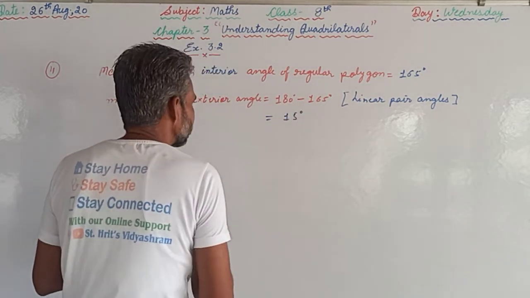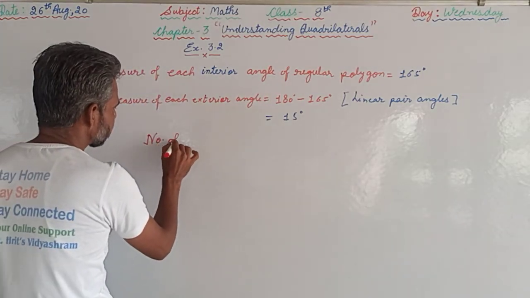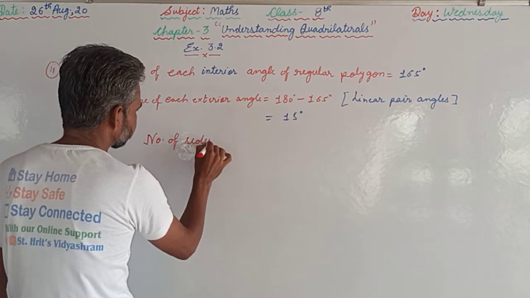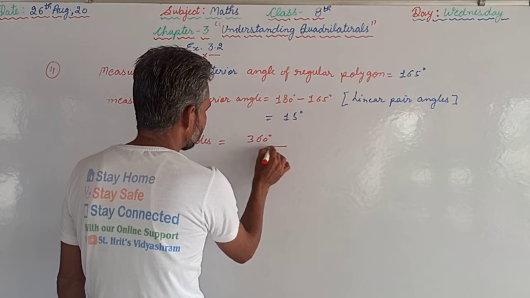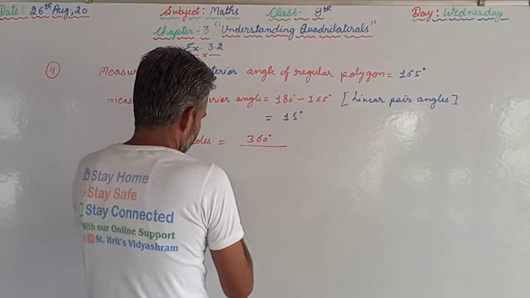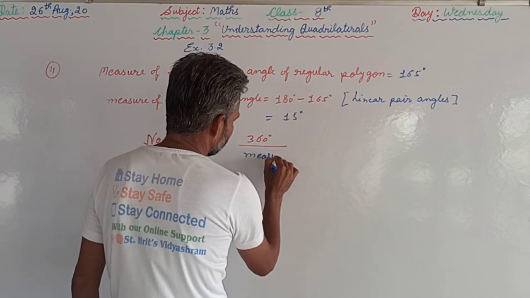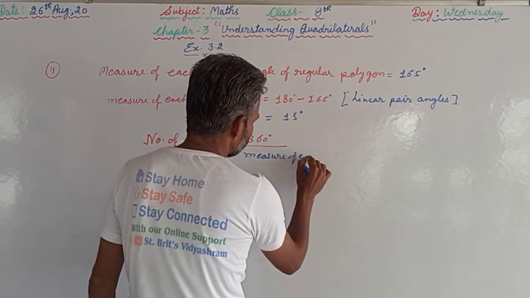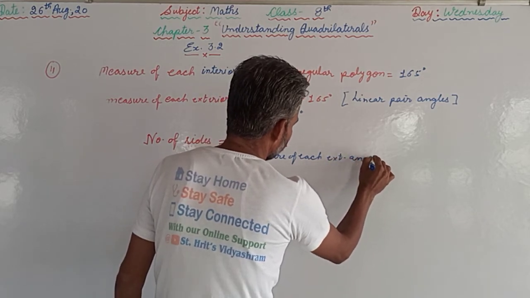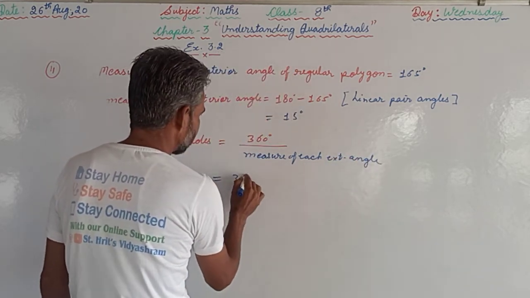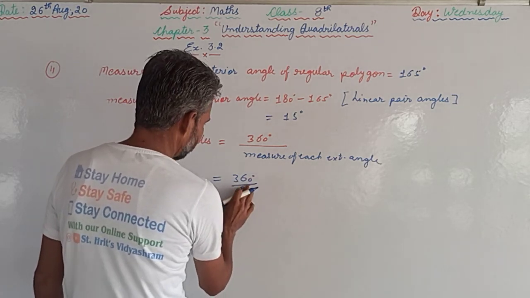Now we can find the number of sides using the previous formula. Number of sides is equal to the sum of the exterior angles, that is 360 degrees, upon the measure of each exterior angle, that is 360 degrees upon 15.